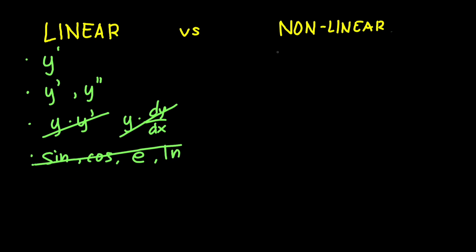So, for nonlinear, its dependent variable is raised to a power greater than 1. So, we can say it like 2, 3, 4, 5, etc. Its derivative can also be raised to a power greater than 1. So, let's say like y prime to the power of 2, something like that.